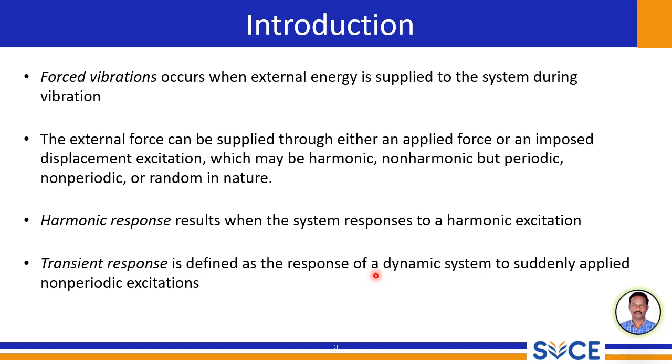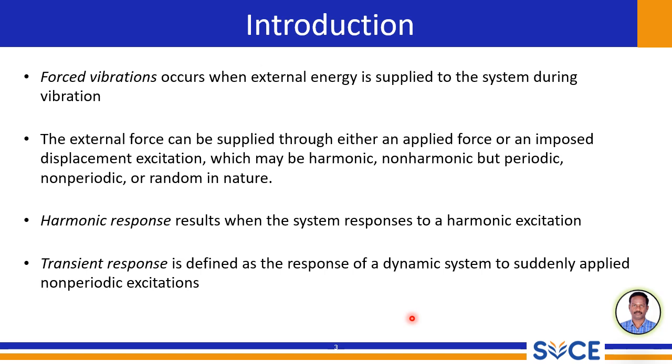This means the system vibrates at the same frequency as the force applied to it. At last, we have transient response. This is what happens when a dynamic system is subjected to a suddenly applied, non-repeating force. Imagine hitting a drum. The initial sound and vibrations are the transient response.